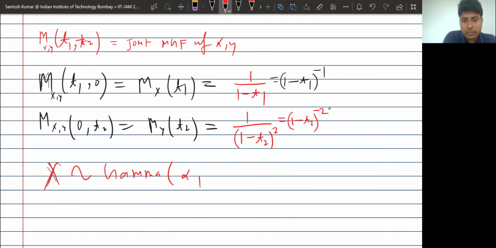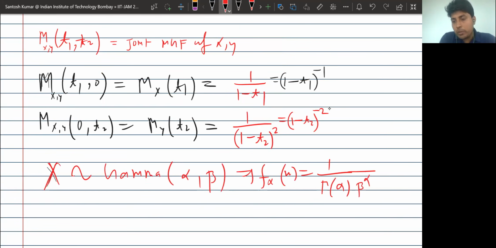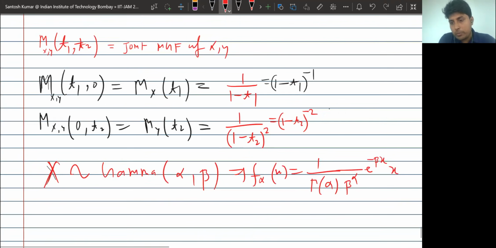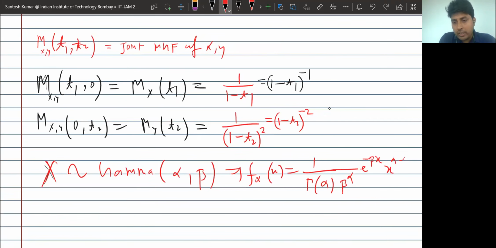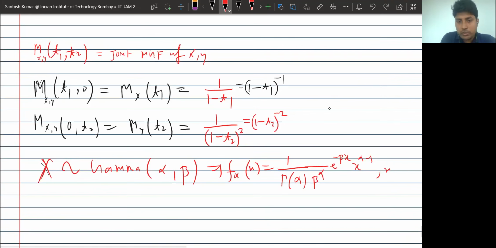gamma alpha comma beta. So the PDF will be 1 upon gamma alpha beta raised to power alpha, e raised to power minus beta x, and x raised to power alpha minus 1, and x is more than 0. If you find the MGF of X for this PDF, we'll get 1 minus beta t raised to power minus alpha.